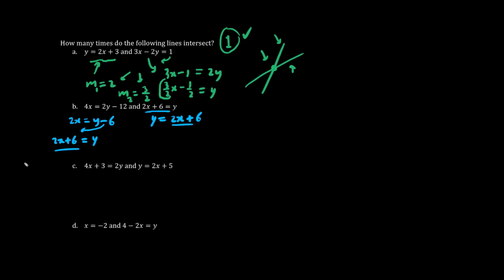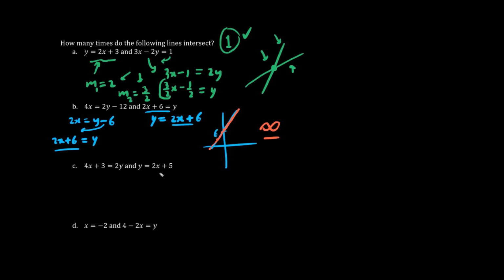Notice that these two lines are exactly the same. And when we have an equation with a y-intercept of 6 with a slope of 2 right on top of each other, these lines are coincidental. There are an infinite number of solutions. They're always on top of each other. So we'll say that the lines intersect an infinite number of times.